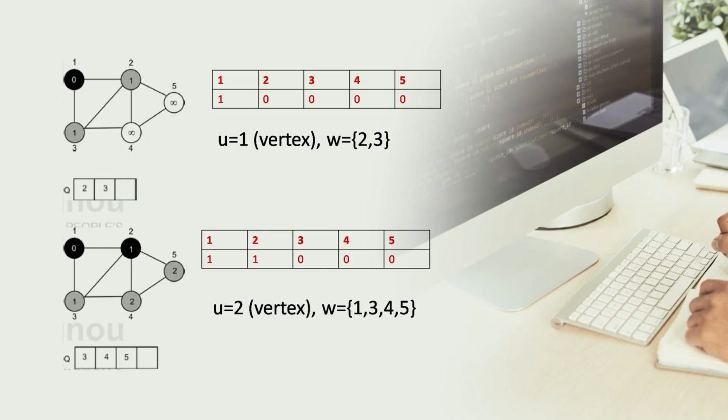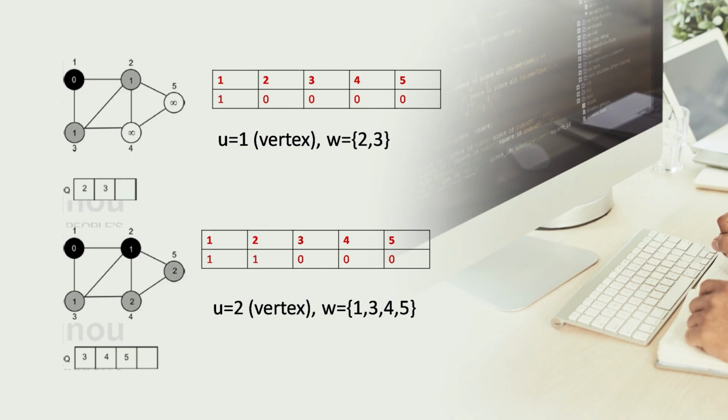Now in the next step, suppose I am visiting the next vertex, which is 2. When I have visited this vertex, referred to as 2, I will mark the visited of 2 as 1. So check in the red text that 2 is marked as 1 here, it means the vertex 2 is visited, and now u becomes 2.